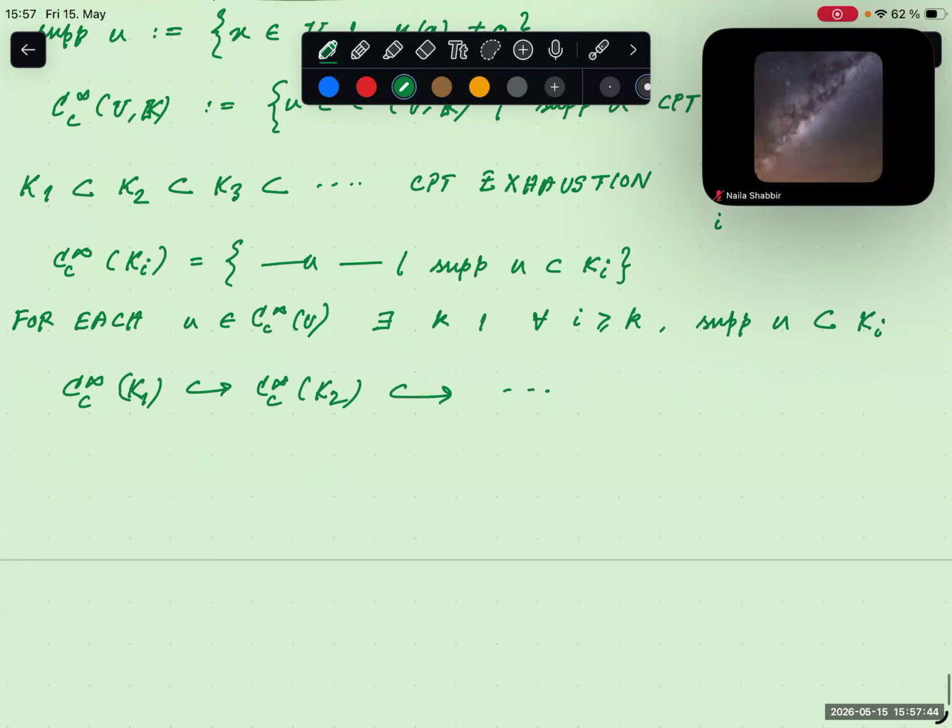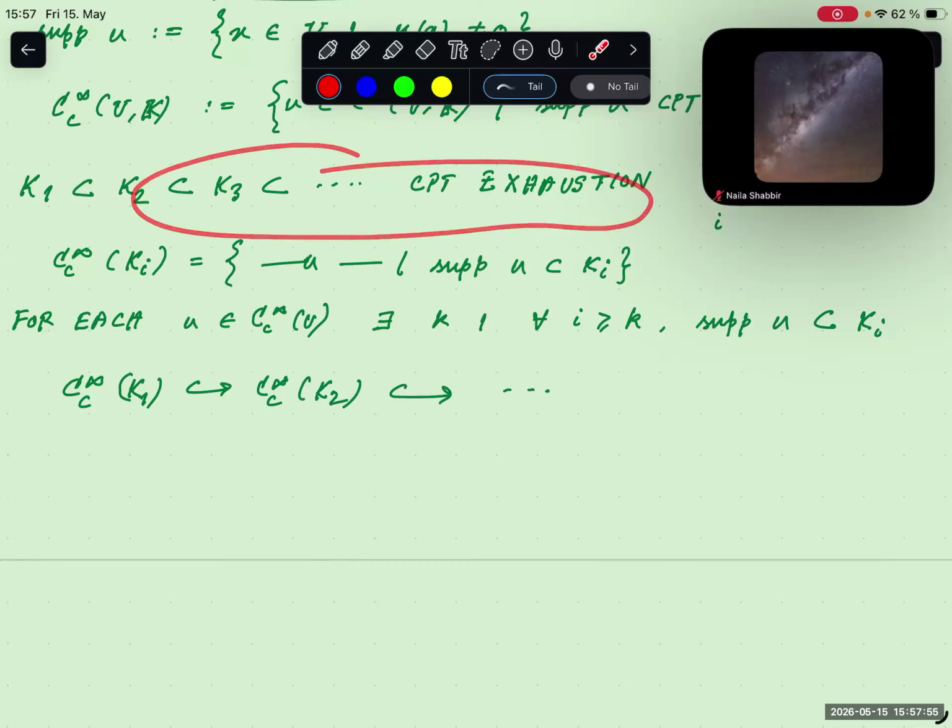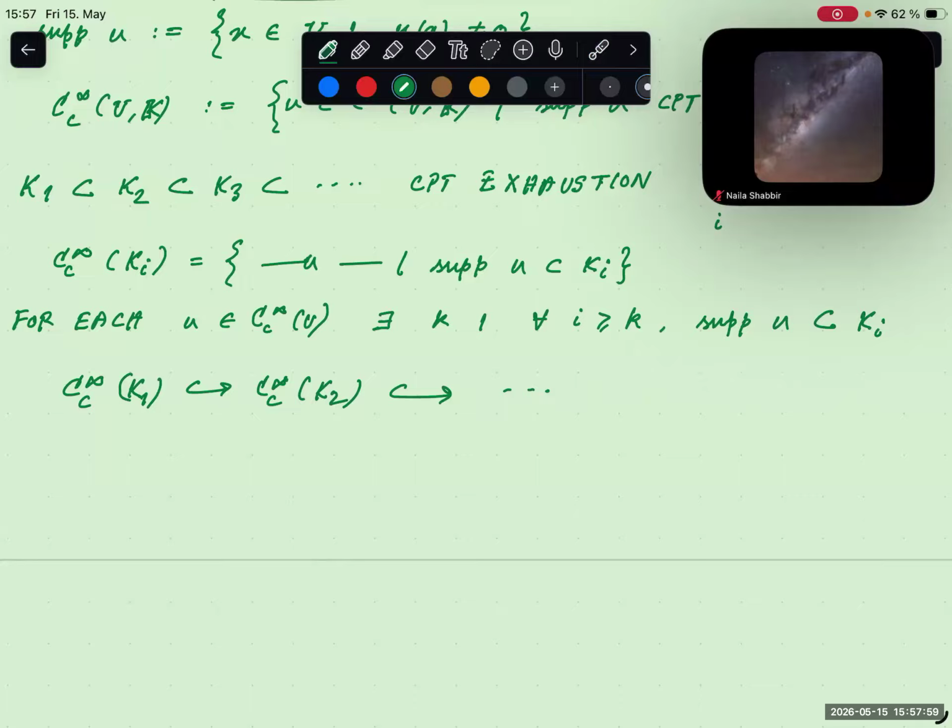Okay, so now why are we doing this? We are doing this so that if we define a topology here, then we can talk about topology kind of like this way. I mean, not really this way. Okay, let me show in which way. So remember, all these are subsets of smooth functions, right? That's the definition.